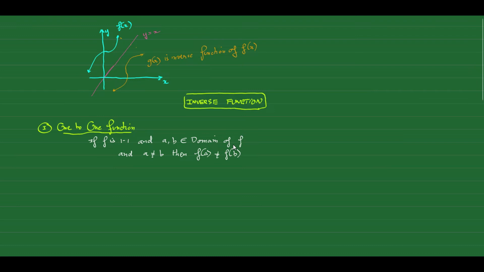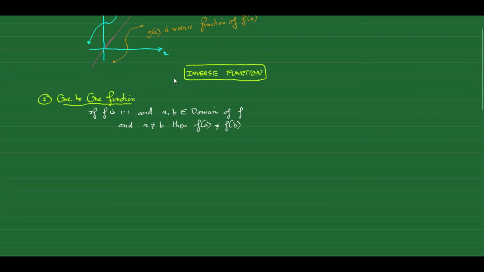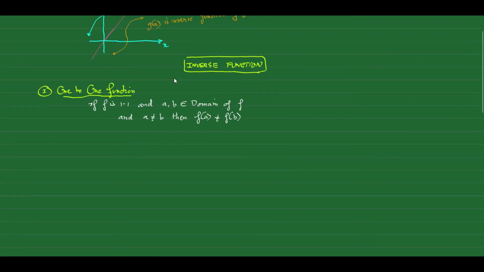So that's the mathematical definition of a one-to-one function, and we can use this definition to check if an algebraic function is one-to-one or not. But how are we going to understand this definition?